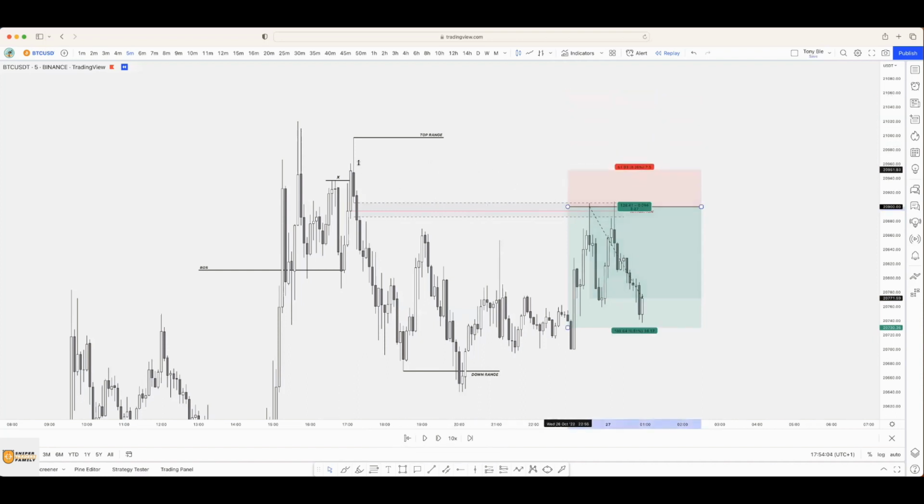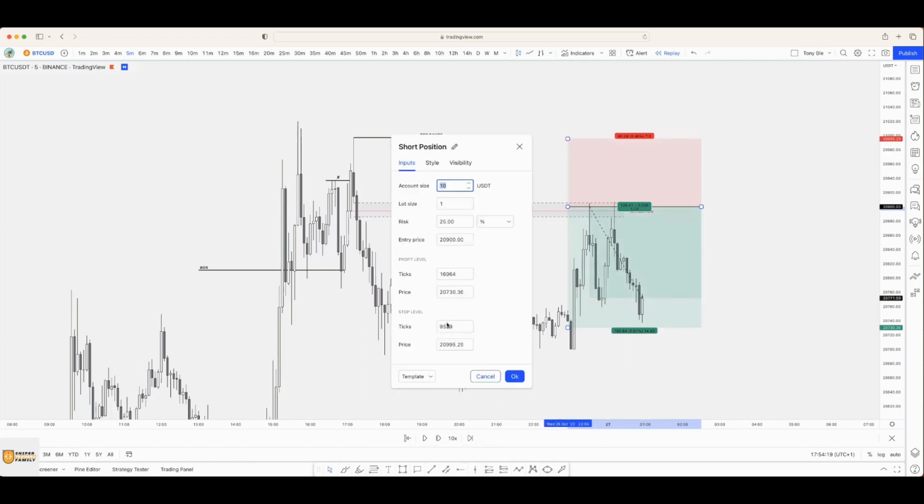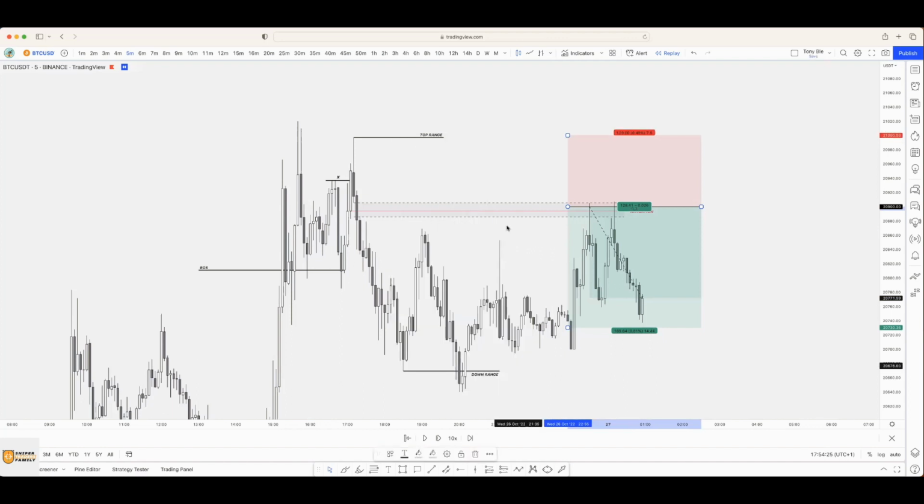If I'm playing the imbalance, stop should just go above this high. If I'm playing the mitigation candle, I'm going to be putting my stop above the range, which in this case is the same place here. So this is about 95, so we could just put 100 to round it up. Okay. Yes, so 100.